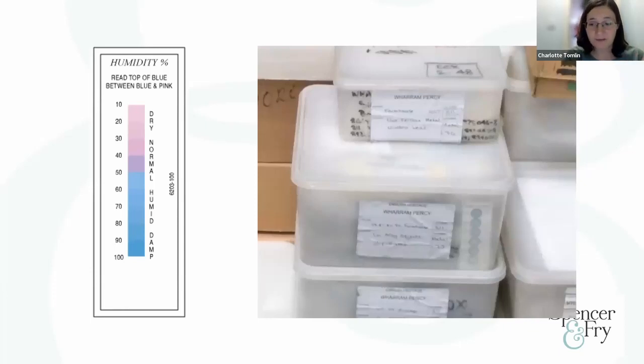It's not precise, but it gives the RH to the nearest 10%. The strip changes colour depending on the dampness, and you read the RH where the colour change is. For this one, it starts to change colour between 40 and 50% from pink to blue. So the RH is between 40 and 50%.